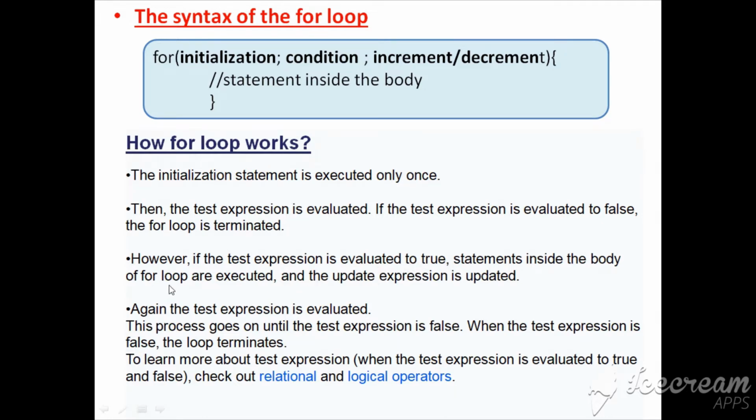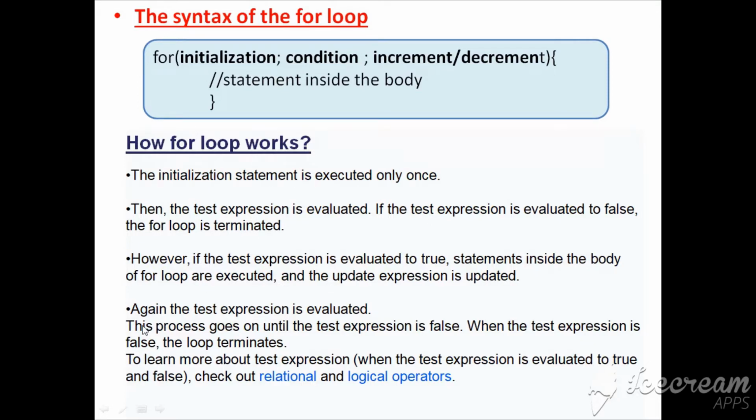Okay, so the initial value, the value we initialize at the time of the looping function, is incremented or decremented if the condition is satisfied. If this condition is not satisfied, it just comes out of this loop. Okay, again the test expression is evaluated. This process goes on until the test expression is false.